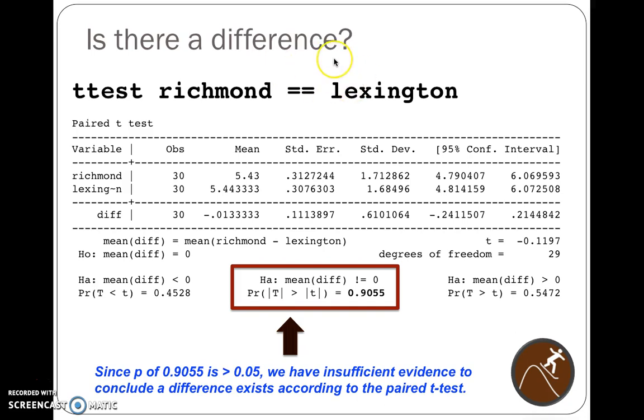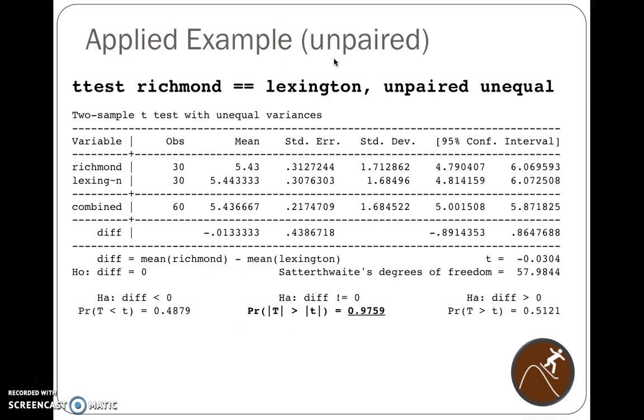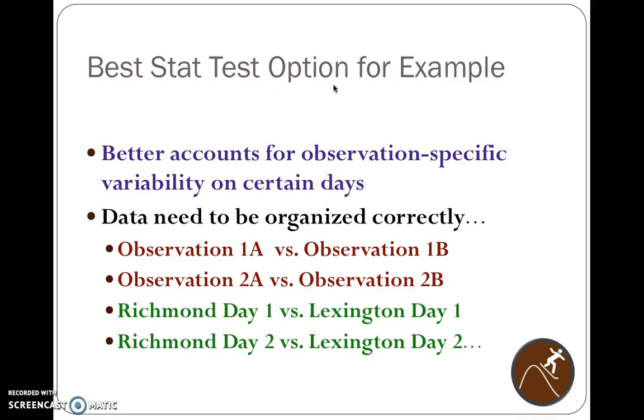It's taking that into account in the paired t-test. In the unpaired t-test, it's just looking at the average of Lexington versus the average of Richmond. So it's not taking into account the pairs. It's just looking at the overall group.